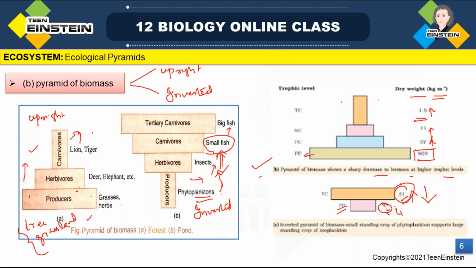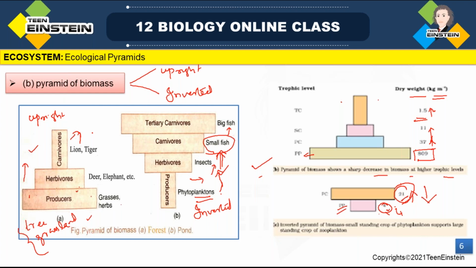So from the lower level, when it is moving to the top level, the biomass will decrease, and it will be upright. Then think about the inverted one. For that, we have given aquatic ecosystems as an example. So like that, you have to learn concept-wise. Don't learn things by heart. You have to get the concept, or you should have a very clear idea about this.